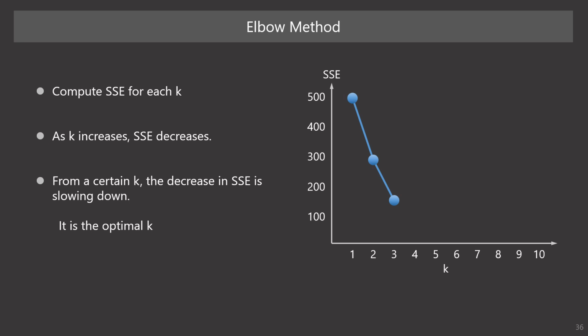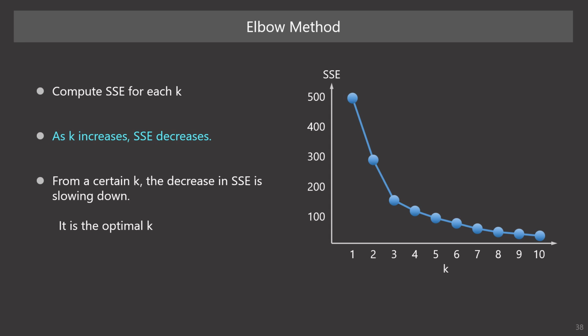When k equals 3, SSE further decreases and becomes around 150. But when k becomes 4, SSE further decreases, but only a little. And if we further increase k, decreases in SSE are very small.